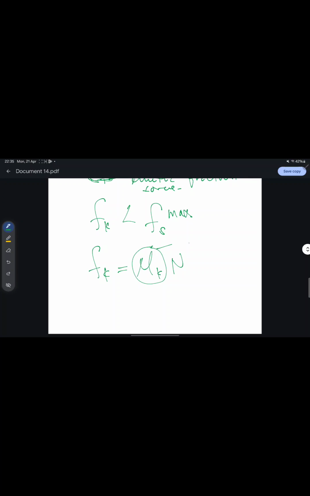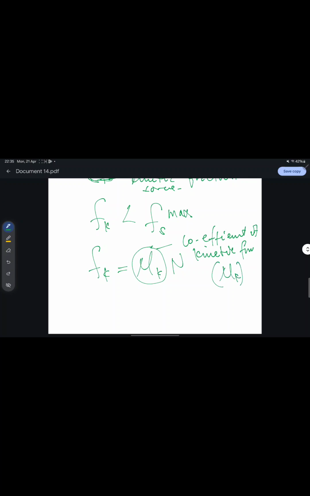This is the coefficient of kinetic frictional force. That one was the coefficient of static friction. This is the coefficient of kinetic friction, does not have units, and is known as mu k.